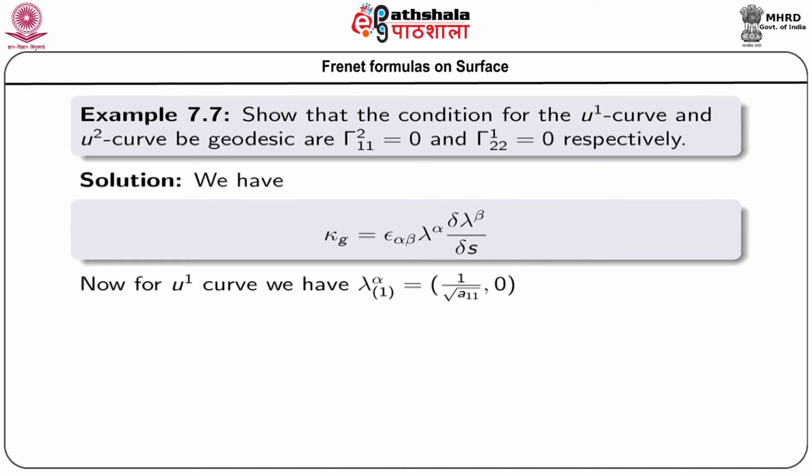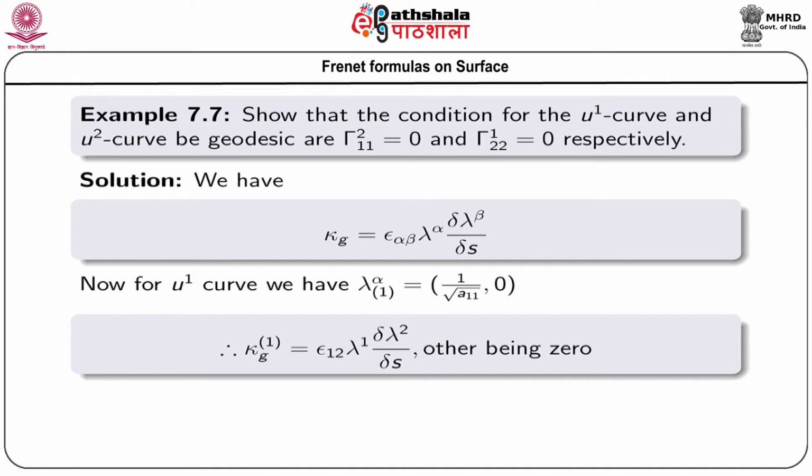So, the components are 1 by root a 1 1 and 0. So, kappa g 1, that is the geodesic curvature for the u1 curve, will be epsilon 1 2 lambda 1 del lambda 2 del s, and the others will be 0.